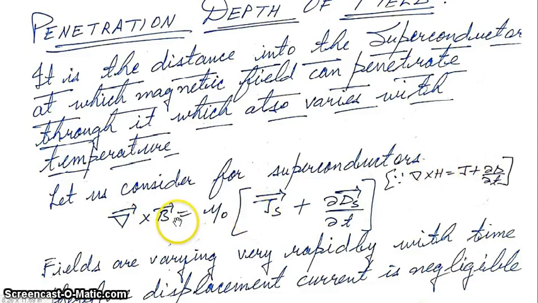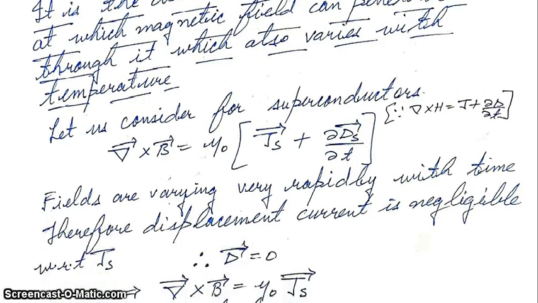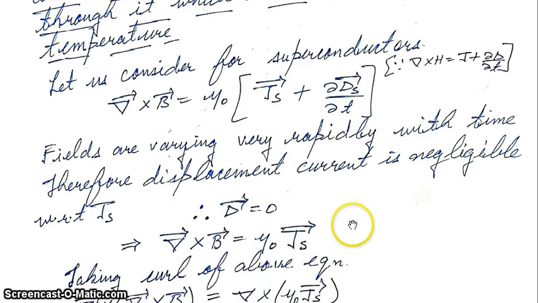So it becomes del cross B is equal to mu naught into Js vector plus ∂Ds vector/∂t. Here fields are varying very rapidly with time. Therefore displacement current is negligible with respect to Js vector. Therefore D vector is equal to 0.